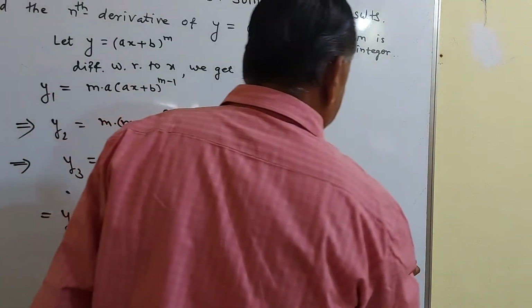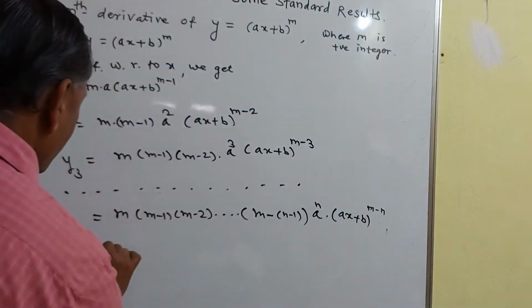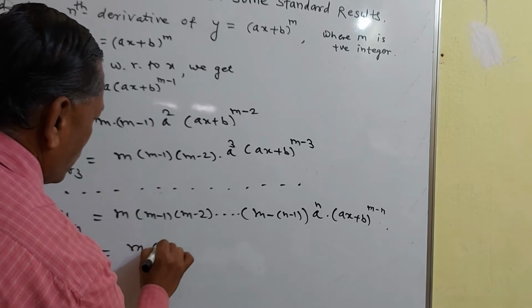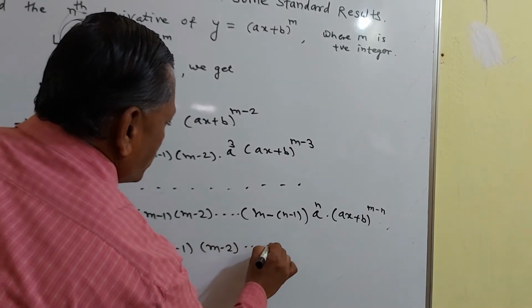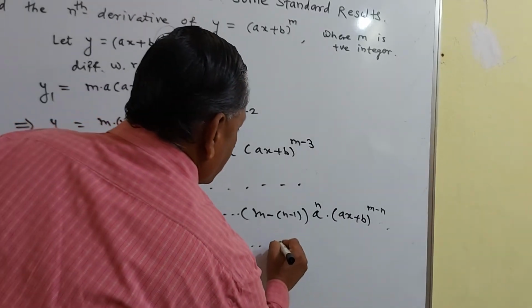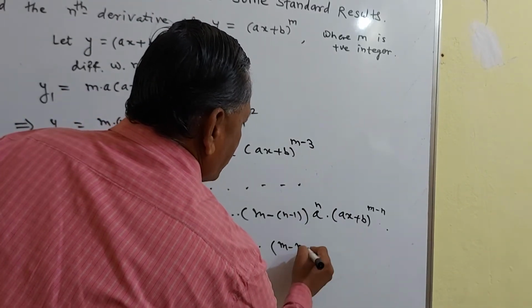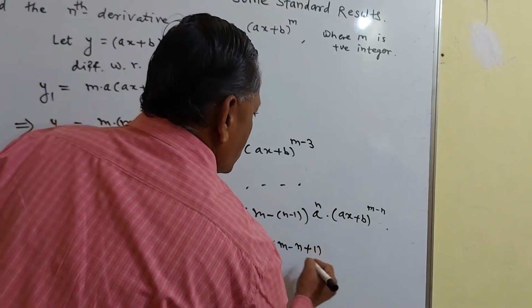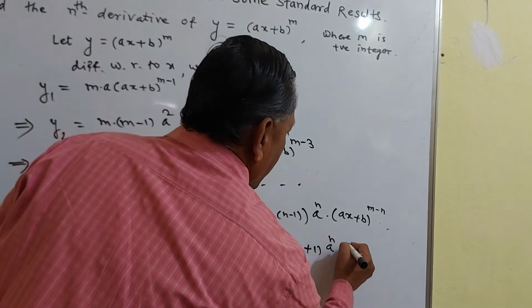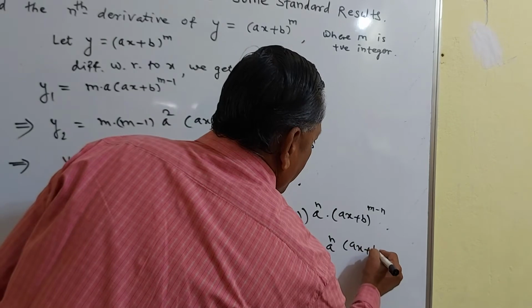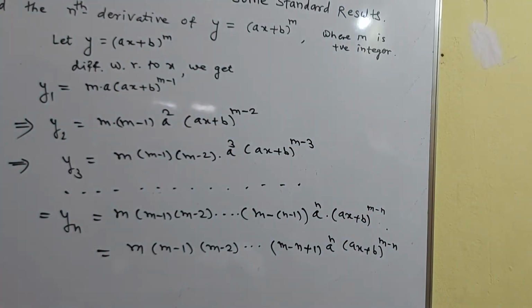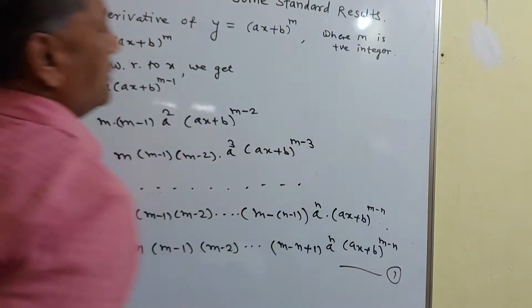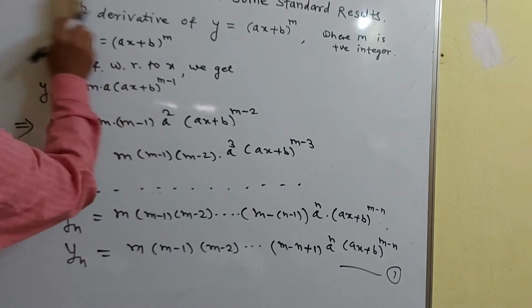Or this can be written as m into m minus 1, m minus 2, up to m minus n plus 1, into a raised to n into (ax plus b) raised to m minus n. yn is equal to this. Suppose this is equation number 1. I will draw it here.